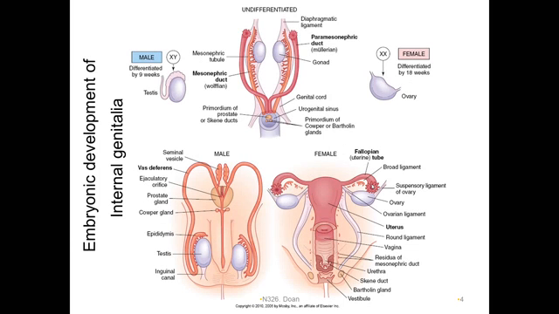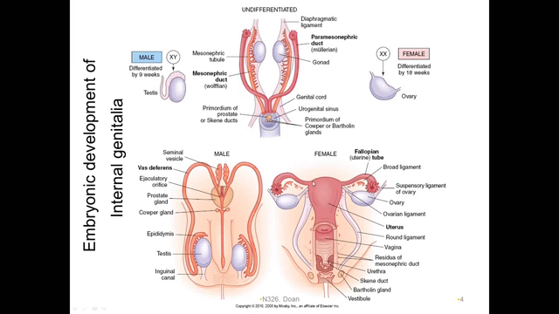By the 10th week, the loss of Wolffian ducts allows the Mullerian ducts to join and become the uterus, the fallopian tubes, cervix, and upper 2/3 of the vagina. The fallopian tubes are carried over from the ovaries to the uterus during a woman's reproductive years. So the fallopian tubes are the counterpart of the vas deferens in the male.